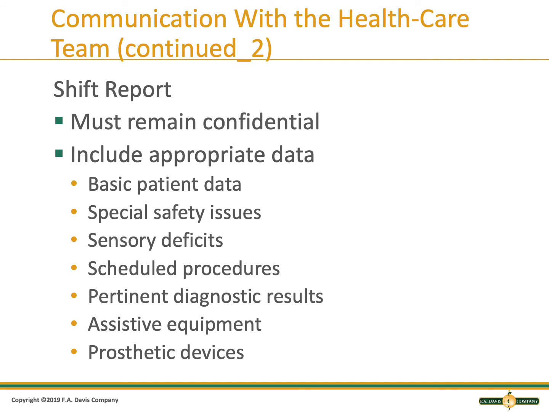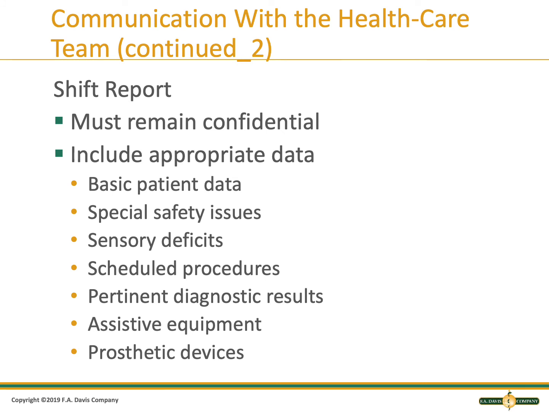So shift report always has to be confidential, and it has to include some appropriate data, and that includes basic patient data, special safety issues, for example, if they're confused or if they have an inability to communicate, sensory deficits, like if they're hard of hearing, blind, deaf, if they use any assistive equipment like a hearing aid, cane, or walker, if they have any scheduled procedures like lab tests or x-rays, or if they're scheduled for surgery, any pertinent diagnostic results, normal and abnormal results.